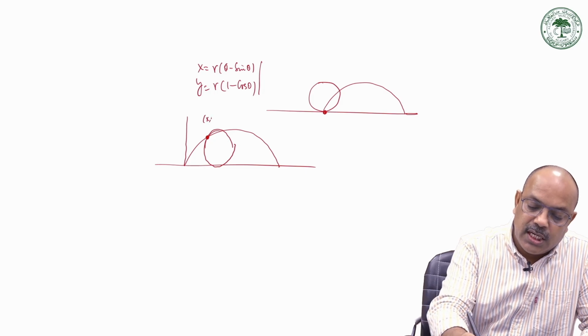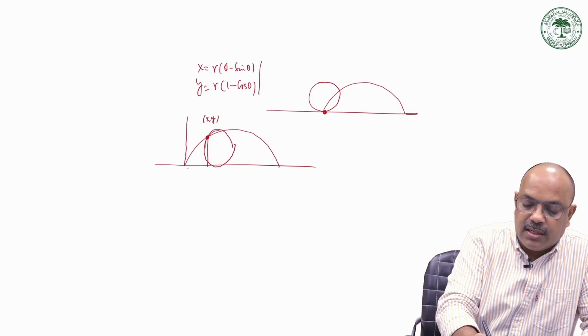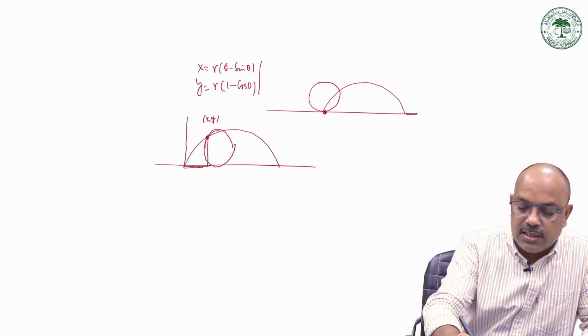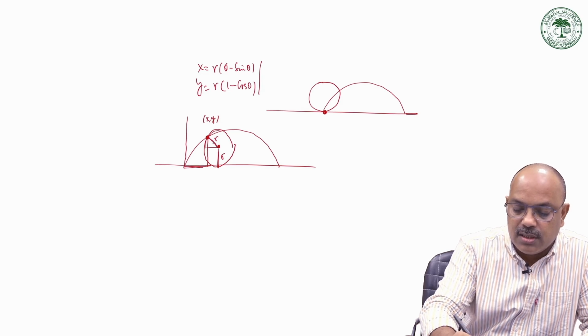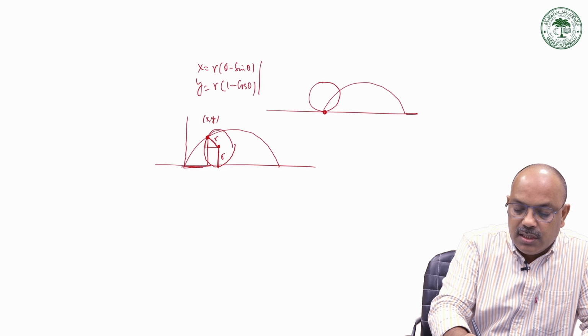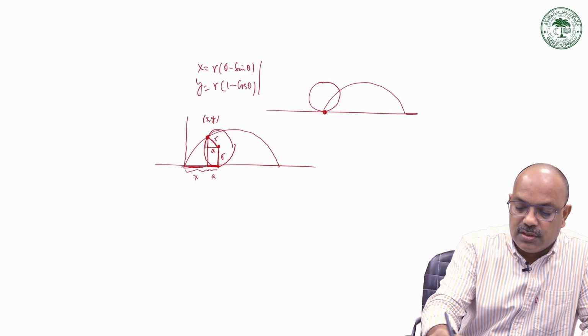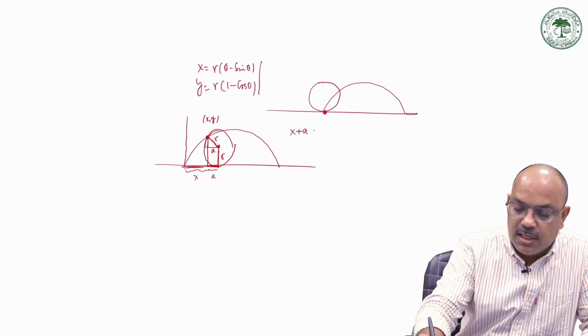This is going to be given by x and y. So you have my x here, and this is the radius r, and this is also the radius. So what is this thing? This x is this, and this constant, say a, so you have x plus a equal to what?